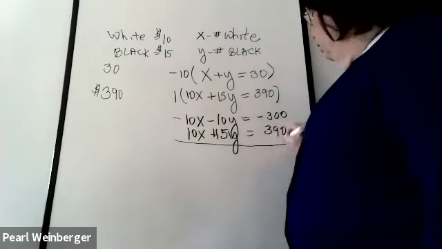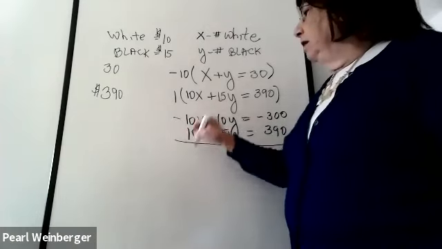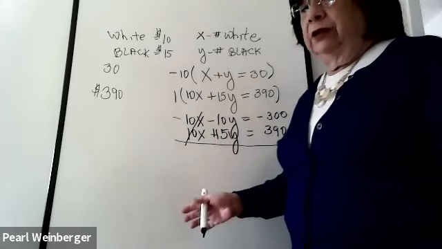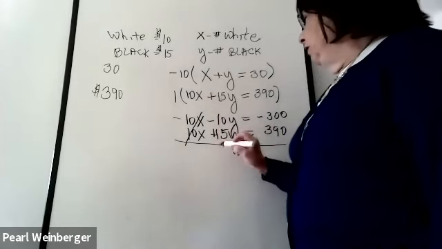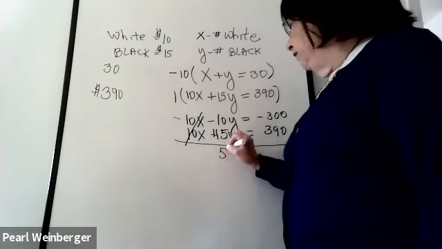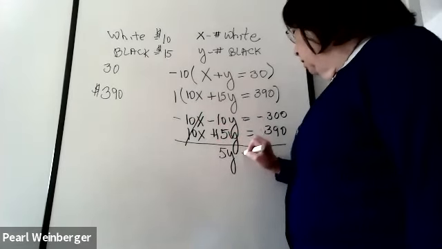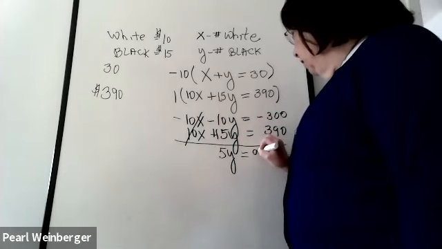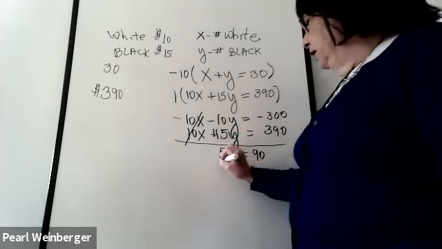And when I add these two equations together, the negative 10x and the 10x cancel out. So we said we're eliminating the x. Negative 10y plus 15y gives me a positive 5y. And negative 300 plus 390 gives me positive 90.